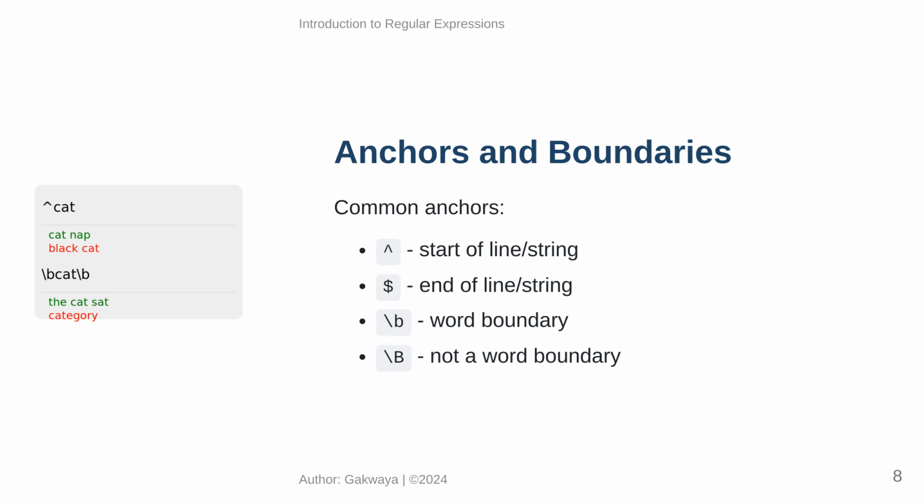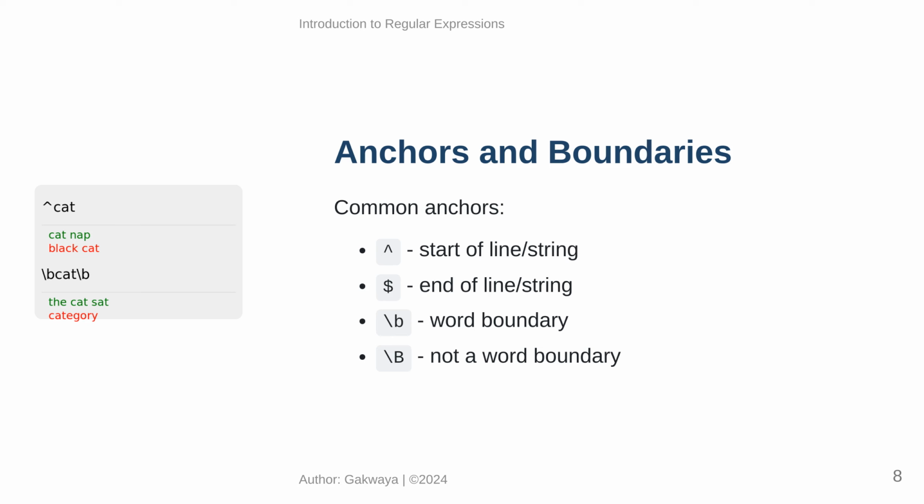Anchors and boundaries are special markers that don't match actual characters but instead match positions in the text. They're crucial for ensuring your patterns match in the right context. The caret symbol matches the beginning of a line or string, while the dollar symbol matches the end. Word boundaries, \b, are particularly useful. They match the position between a word character and a non-word character.